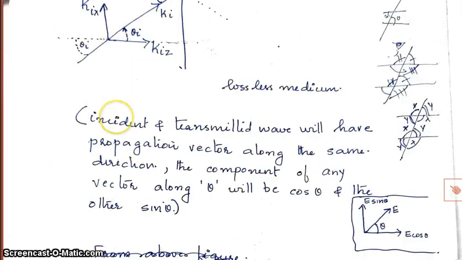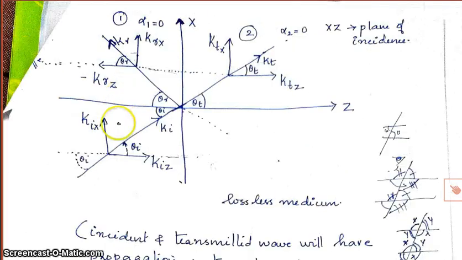Now what I have drawn is this. This is theta I, so I can draw this also as theta I. Okay, these are two parallel lines, and you know this angle and this angle will be the same.